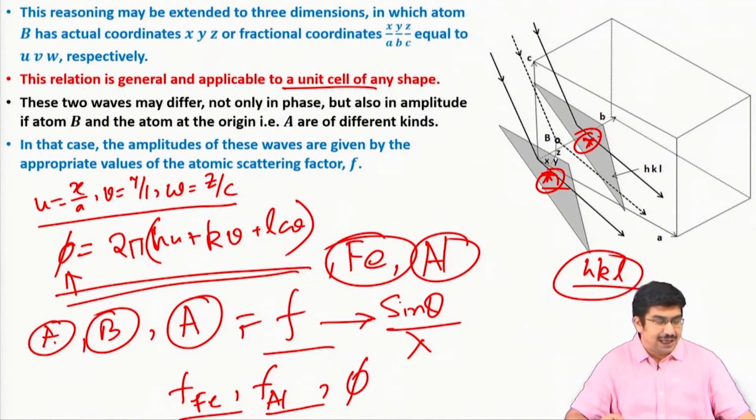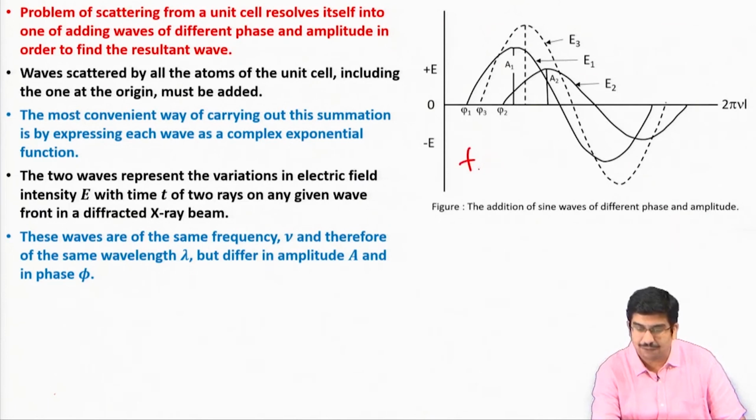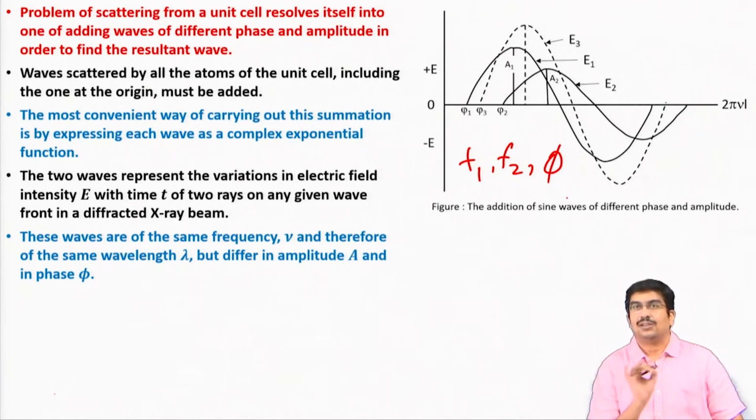Now we can imagine that this entire problem of scattering from the unit cell comes down to a problem where we just have to add up two waves. As I already said, let us imagine that we have one wave with F1, one wave with F2, and a phase difference of phi. We just have to add them.